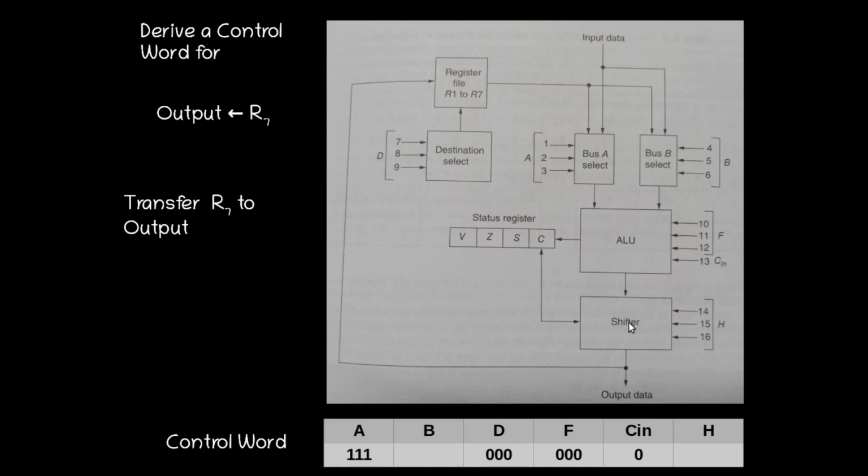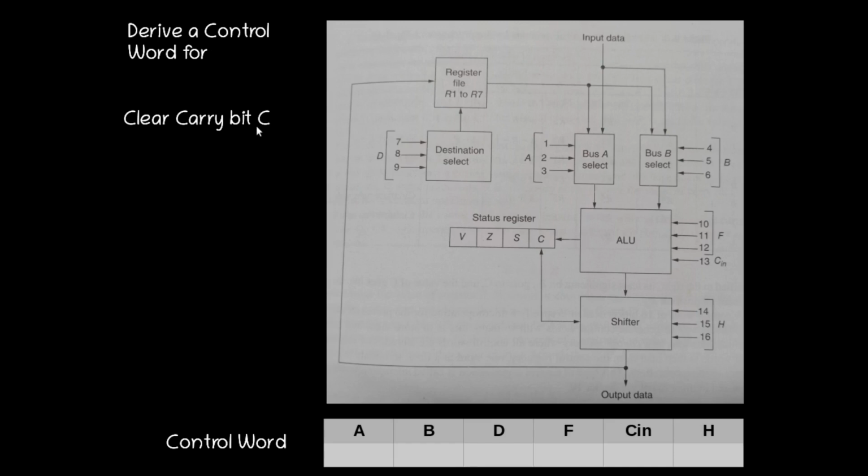In this case also there is no shift involved, so we give 0 0 0, that is no shift, and B has no significance, so we are simply putting 0 0 0. We can have any bit pattern here, but for simplicity we are putting 0 0 0. This is the control word corresponding to this micro operation.